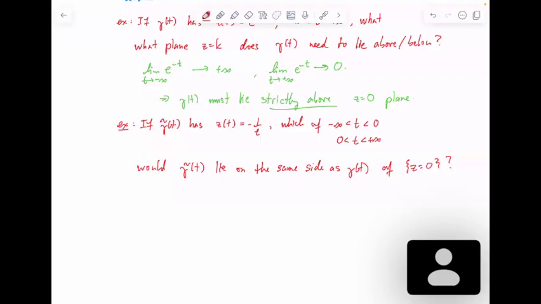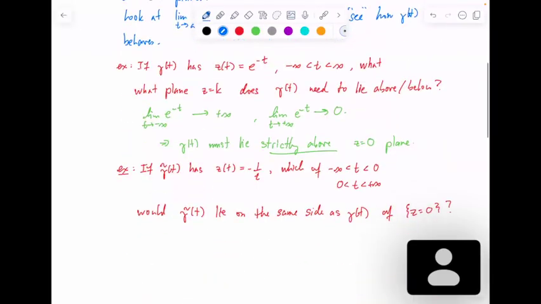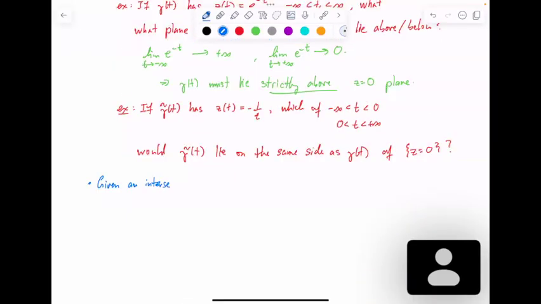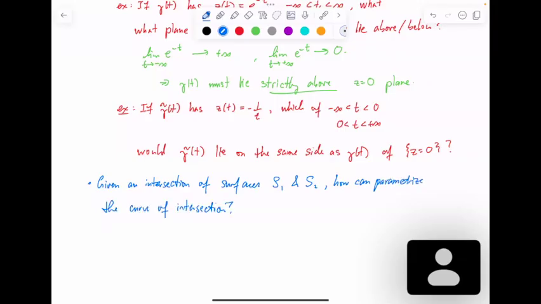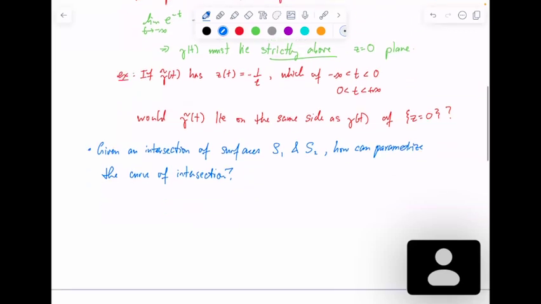So we looked at techniques in this. Given an intersection of surfaces S1 and S2, how can we parameterize the curve of intersection? So that was the ending of last class.